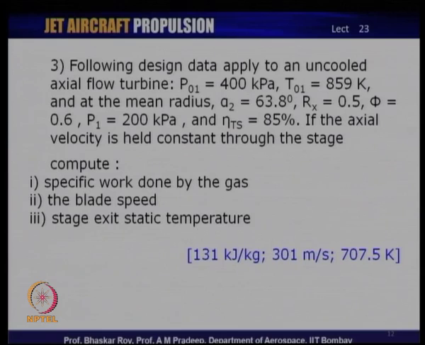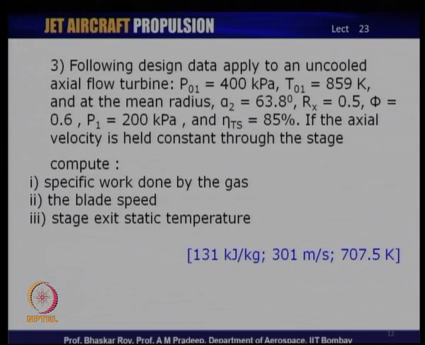P 1, the static pressure at the entry, is 200 kilopascals, and total to static efficiency is now prescribed in this problem as 85%. If the axial velocity is held constant as in the last problem through the whole stage, you are required to compute the specific work done by the gas, the blade speed, and the stage exit static temperature.